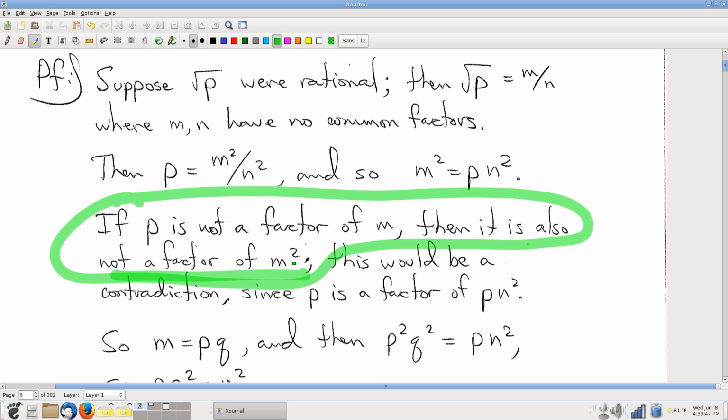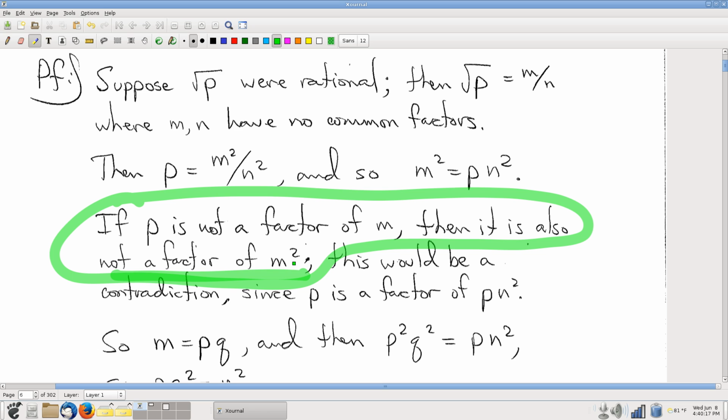If you think that through a little bit, you realize that p does have to be prime for that to be the case. So let's think about p being 9. Well, 9 is not a factor of 15. But is 9 a factor of 15 squared?